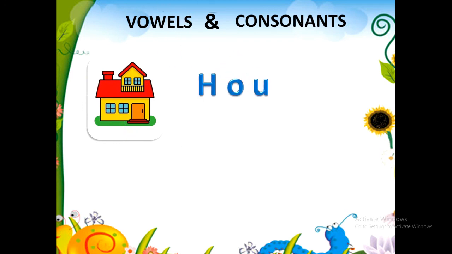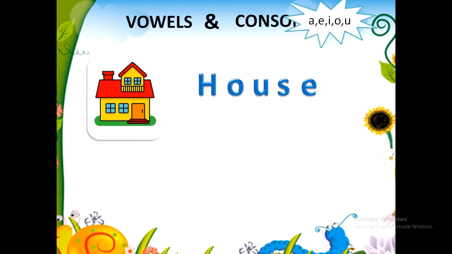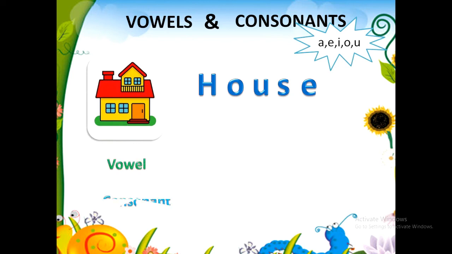House. H-O-U-S-E. House. First letter is H. So think and answer. H is a vowel or consonant? Very good. H is a consonant. Next letter is O. Yes, O is a vowel.